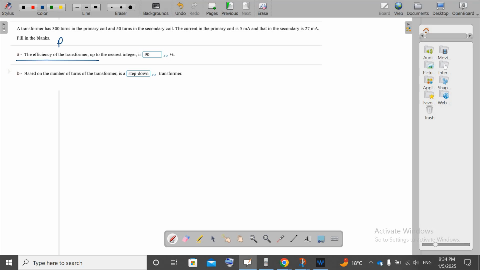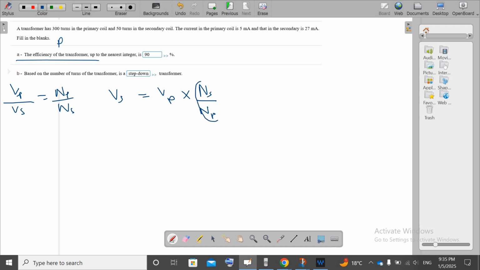Okay, so now I know that VP over VS equals NP over NS, right? So VS equals VP times NS over NP. We all agree? Yep.